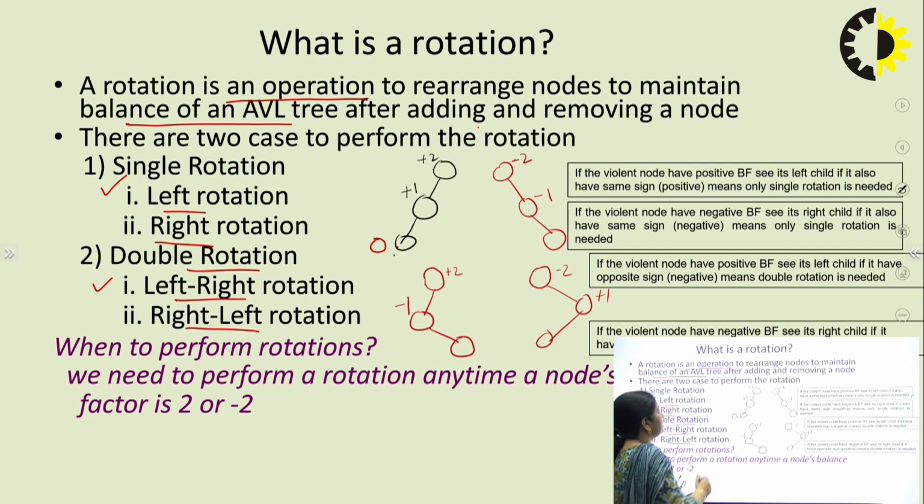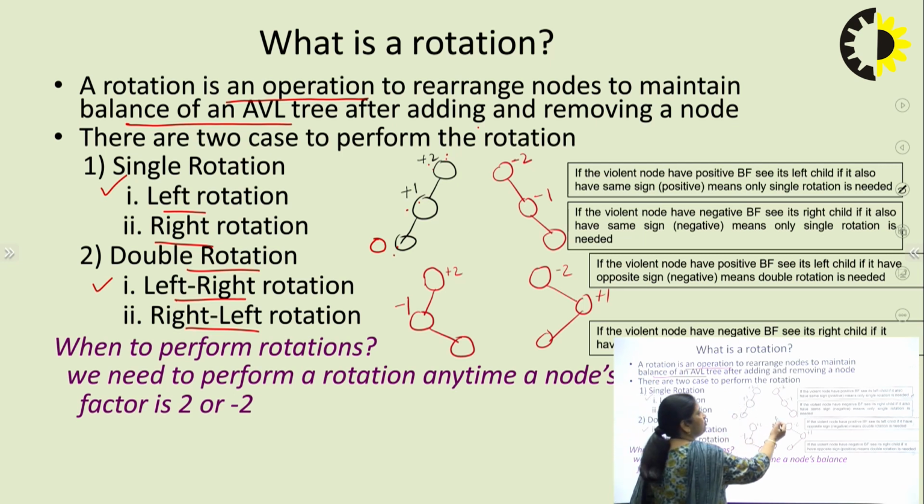When I consider this one, I can see that this is the unbalanced node. What is the balancing factor of the upper node? That is +2, and the failure of balancing is because of this left +1. So both have the same sign.